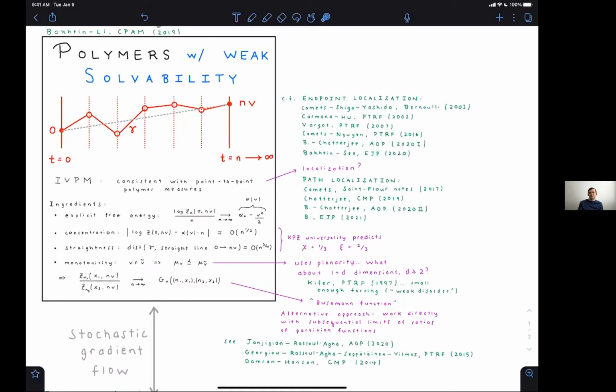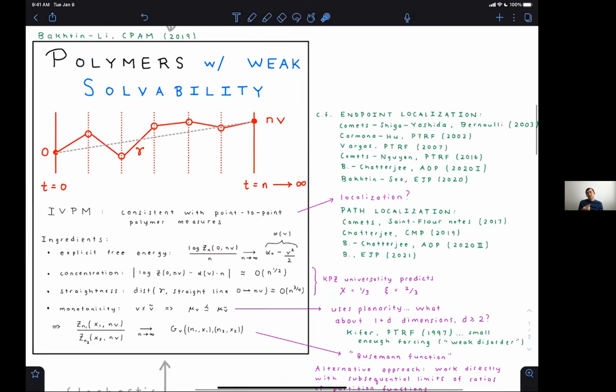If you can get existence and uniqueness, that's already a big deal. Besides that, the straightness results that were mentioned by Eric, we can also prove them, and we do. In this new paper with Hong Bin, we prove them for thermodynamic limits.